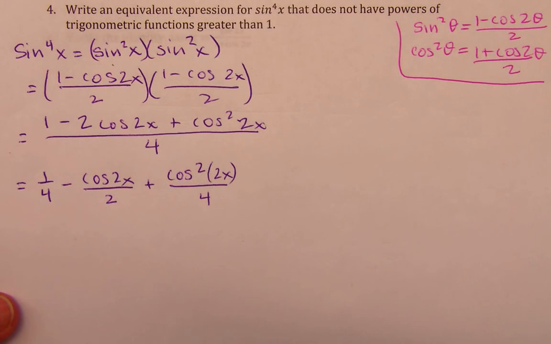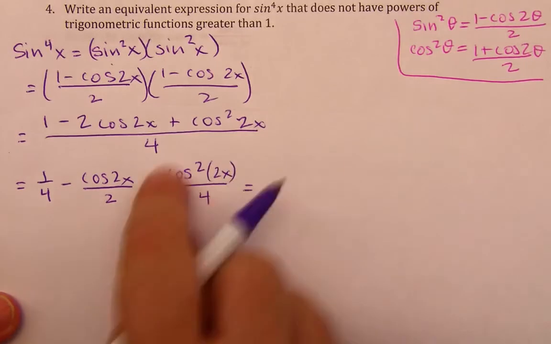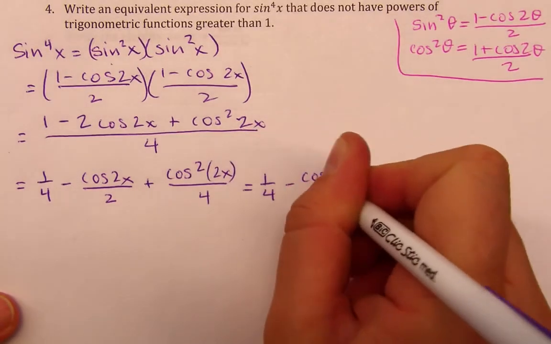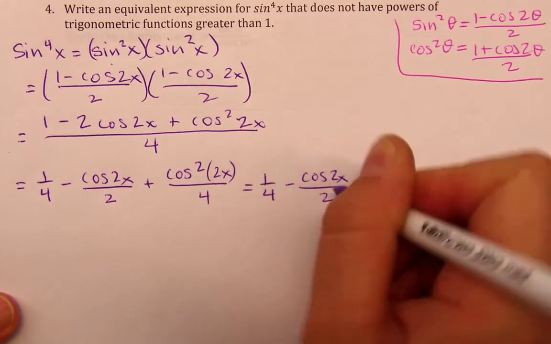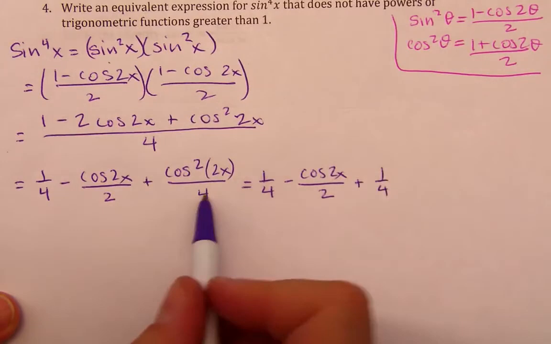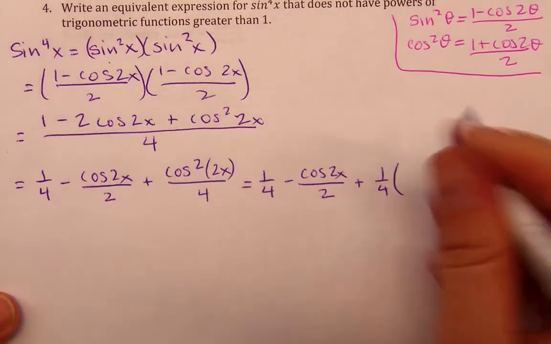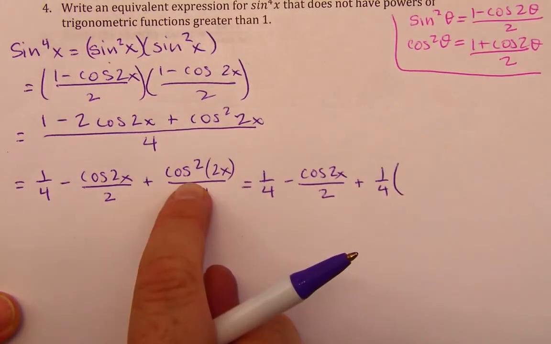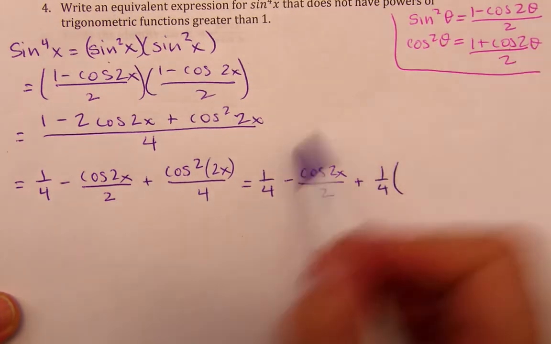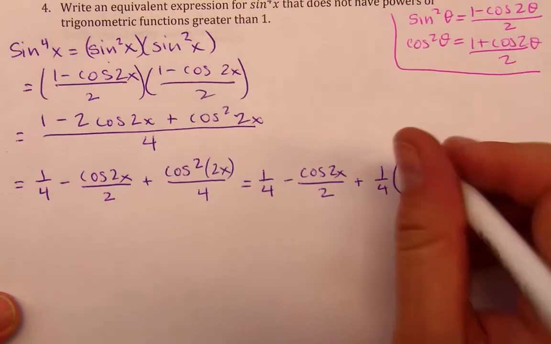All right, so what we want to do here is use the power reducing formula on just this piece. So I'm going to carry the rest of this through, and I'm going to pull this 1/4, this 4, out front here. And we're just working with this now. So going from just theta to 2 theta, this 2x gets multiplied by 2.